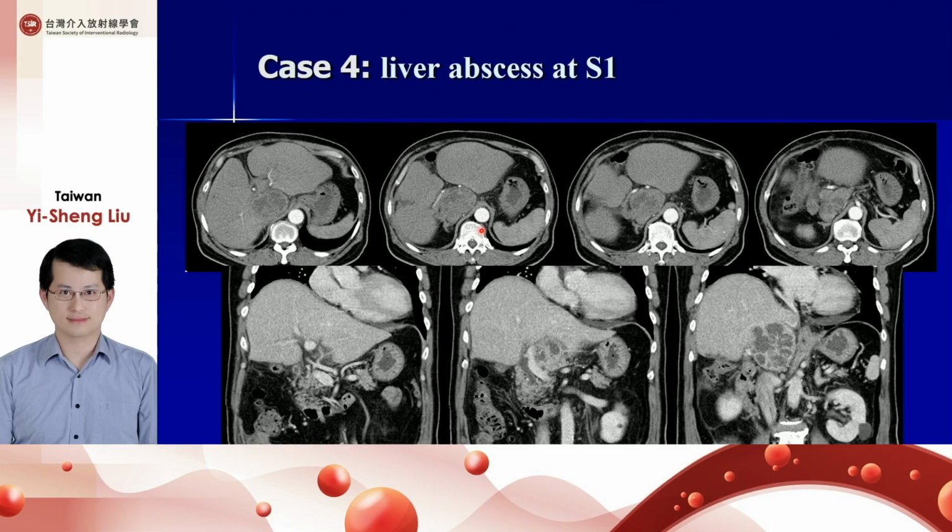This is another case needing CT-guided drainage. The liver abscess at segment 1. We don't want to insert a drainage tube through the healthy liver from here or from here. And now I think you have guessed which path we preferred.